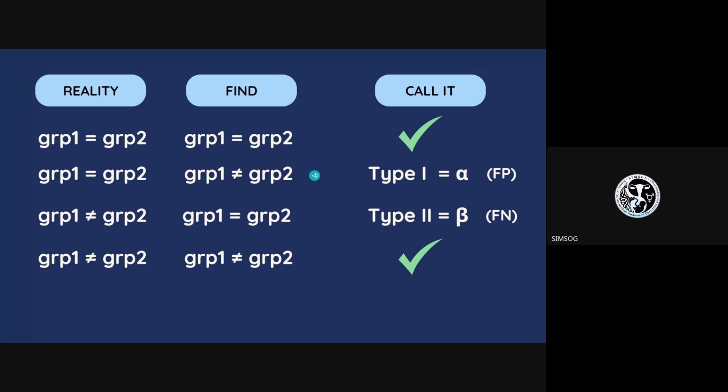But consider a situation where both groups are similar, but we find that both groups are not similar, that is, we are rejecting the null hypothesis when in fact it is true. That is called a type 1 or alpha error. Whereas if in reality both groups are not similar, but we call them similar, that is, we accept the null hypothesis when in fact it is not true, that is called a type 2 or beta error.